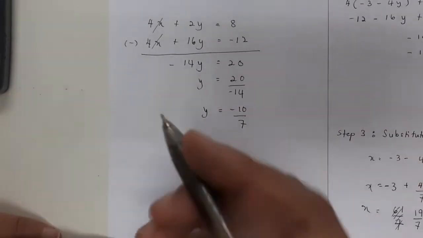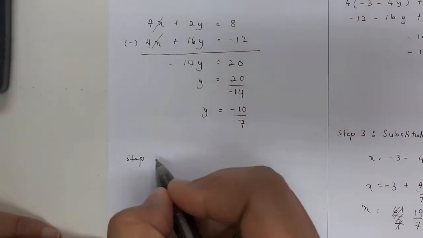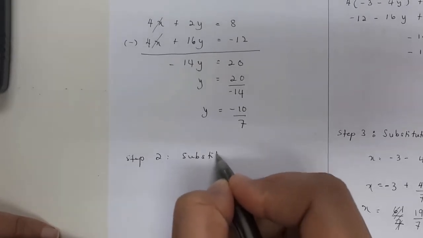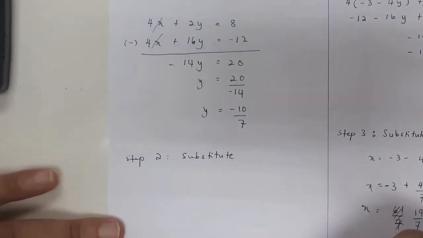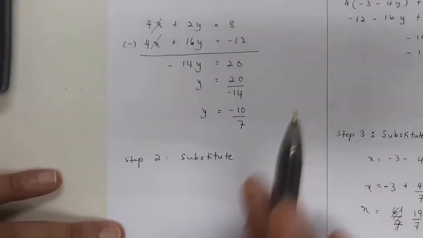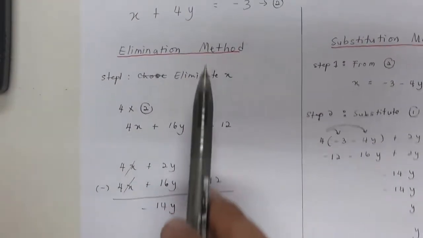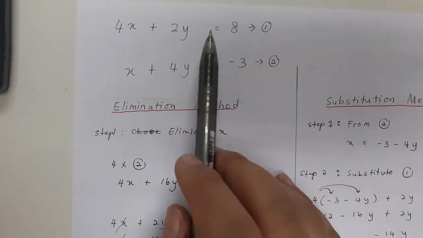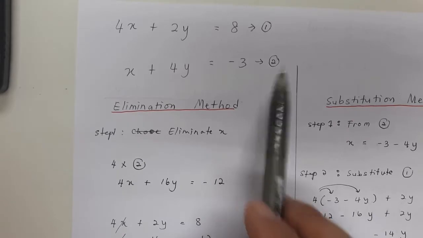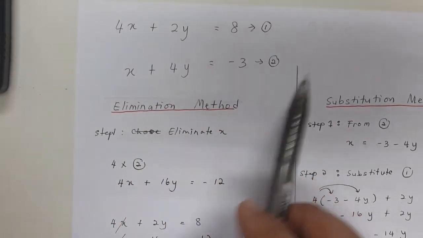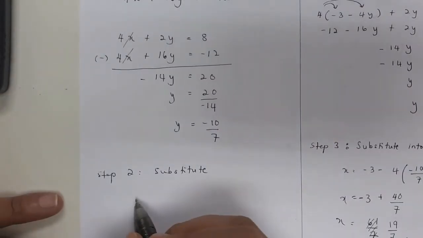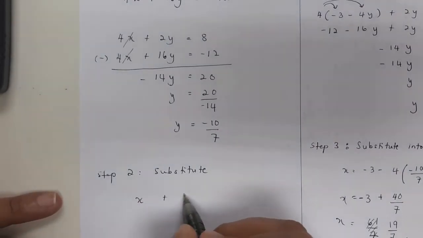And then substitute. Okay, now that we know the value for y, substitute y into one of the equation. You can substitute y into the first equation, or you can substitute y into the second equation. Okay, let's choose the second equation. x plus 4y.